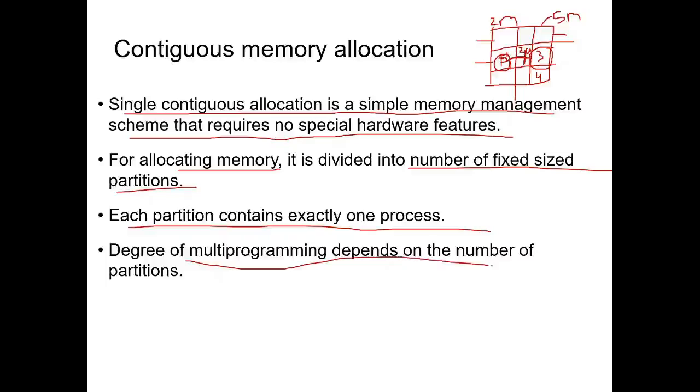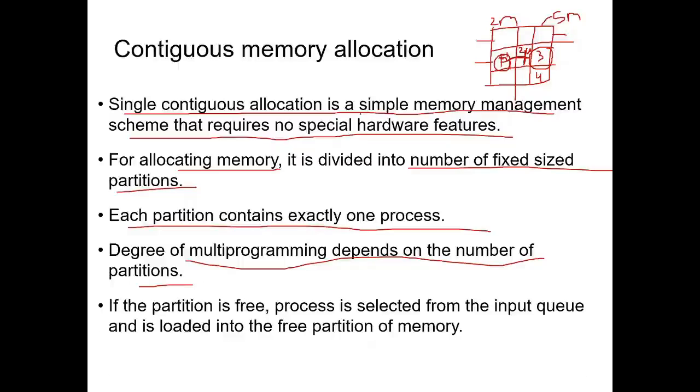Degree of multiprogramming depends on the number of partitions. That means as we have main memory of limited size, how many processes are to be brought from secondary memory to main memory will be decided. Suppose you want to bring 10 processes into the main memory, but as main memory is limited, instead of bringing 10 processes, the operating system can bring 5 processes by looking at how much memory is available in the main memory.